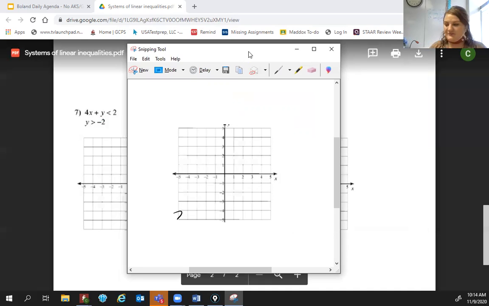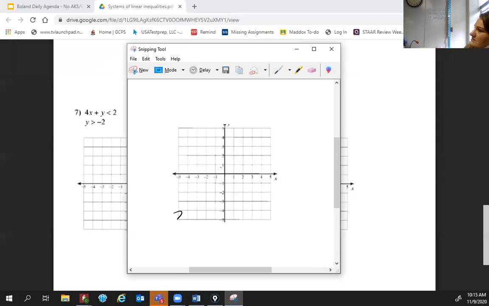Okay, if I asked you to tell me what the solution was, right? If I had a graph that looks like this, and say I put a dot here, right? And I went across the dotted line like this.